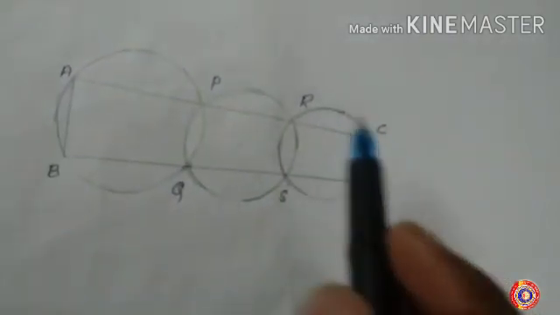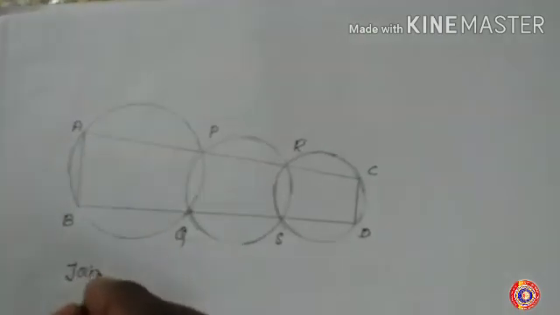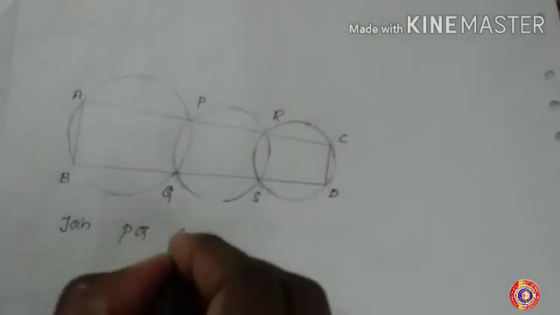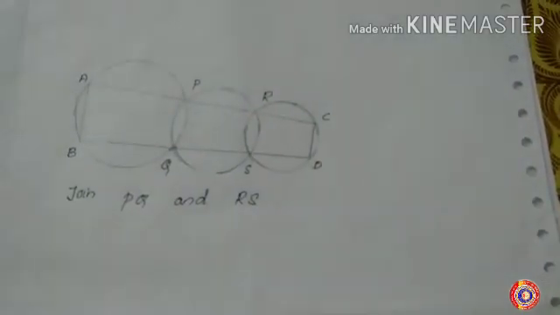Here we have to prove that ABDC is cyclic. So first of all, join PQ and RS.